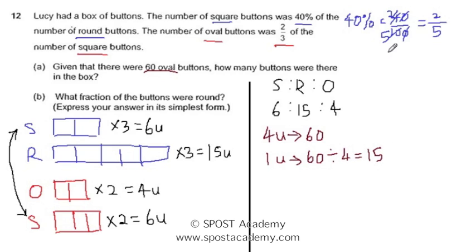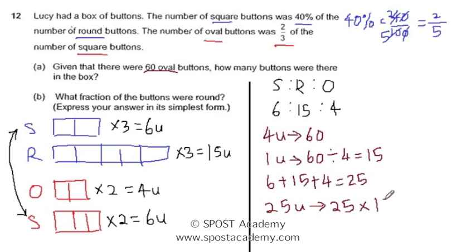So in order to find the total number of buttons, the total number of units is actually given by 6 plus 15 plus 4, and that will give us 25 units. So 25 units will be equivalent to 25 times 15, which equals 375. So this is the answer for A.